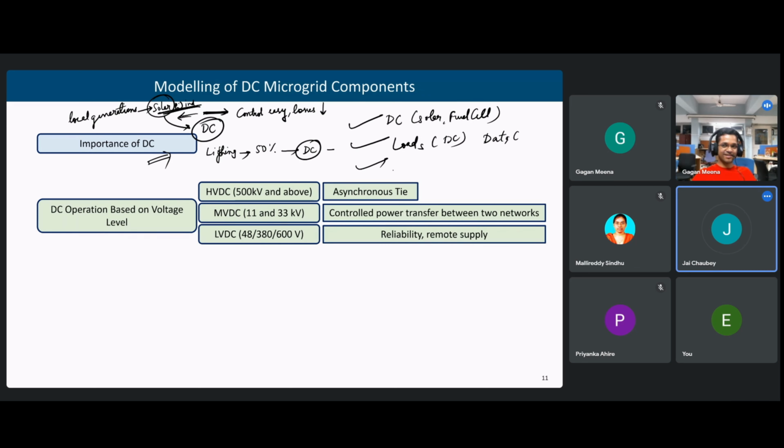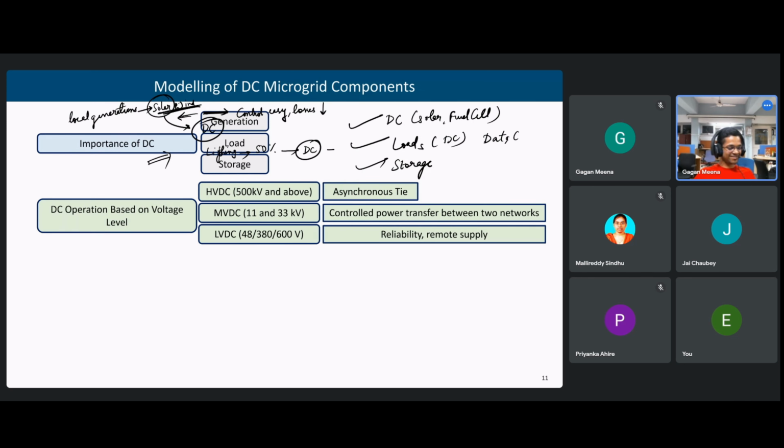Another important thing, in the previous slide we talked about the importance of storage. Storage is also a DC load or DC generation. Mostly, since we are talking about batteries, a battery is a DC load. So generation is DC, load is DC, and storage is also DC.